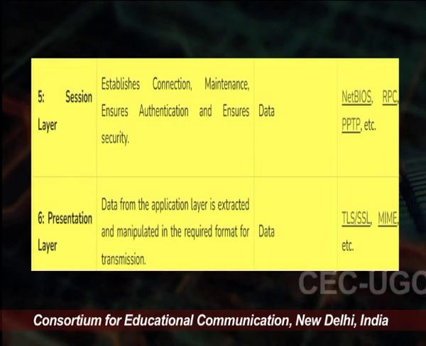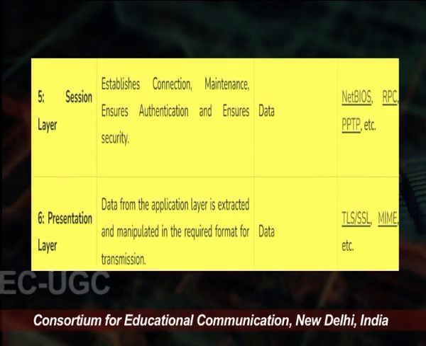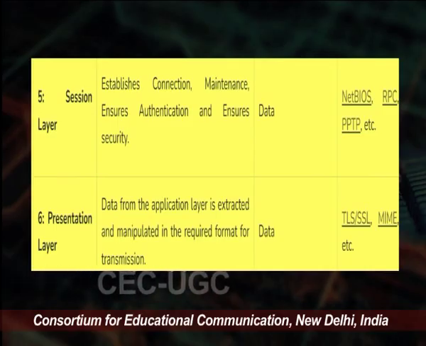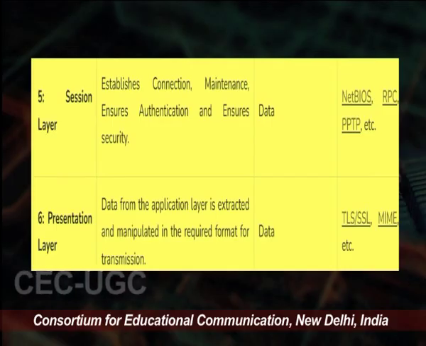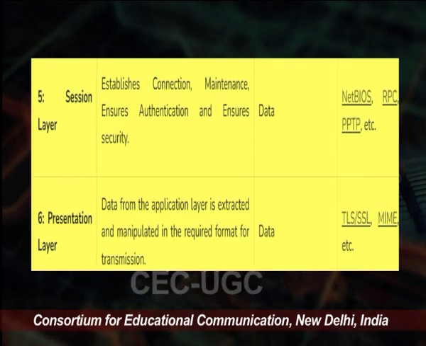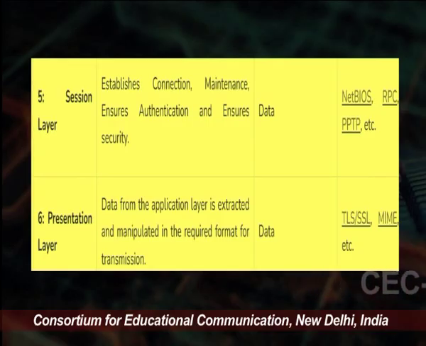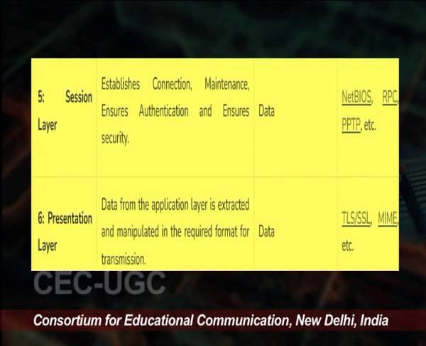Now, the session layer is going to establish connection, maintenance and ensure the authentication and security also, and for all these tasks, the protocols used are NetBIOS, RPC and PPTP. Now, the data is in the form of segments, or simply we can say data.